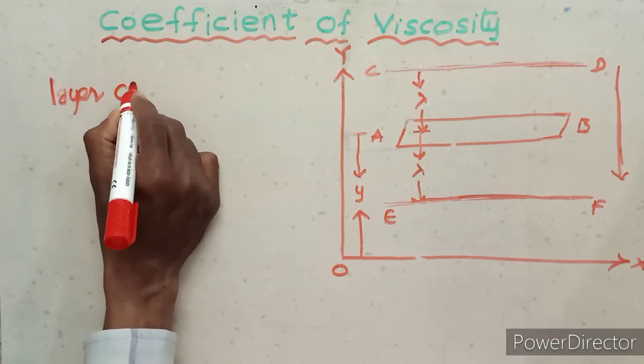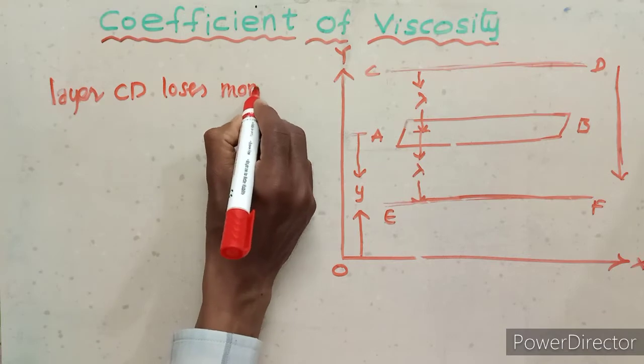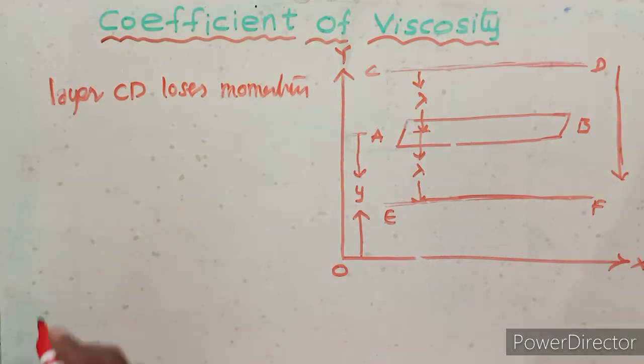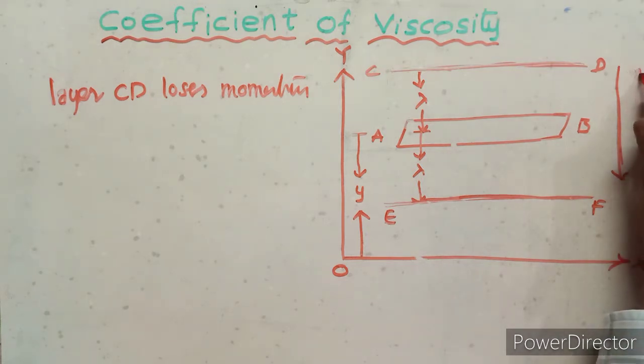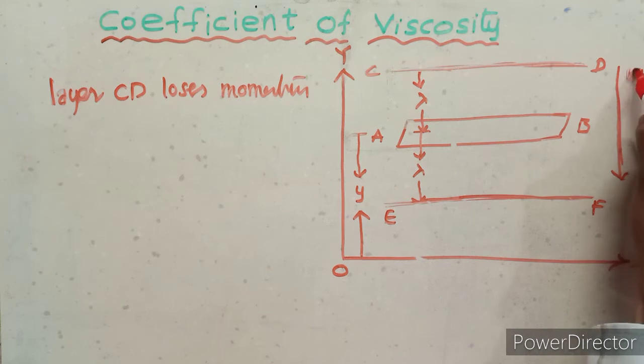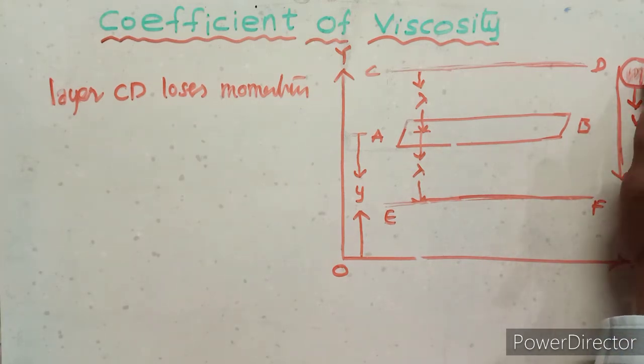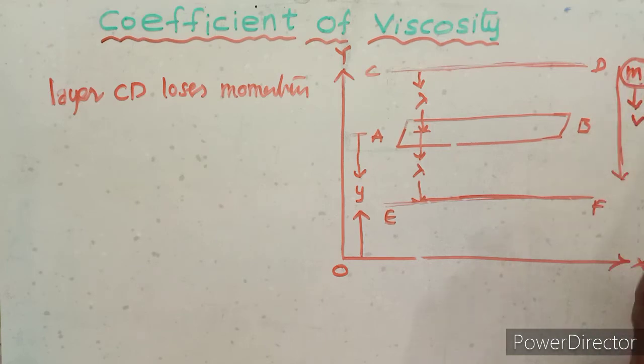Okay, hence the layer CD loses momentum. Every molecule has mass, every mass moving with velocity v. So m into v, mv is the momentum.